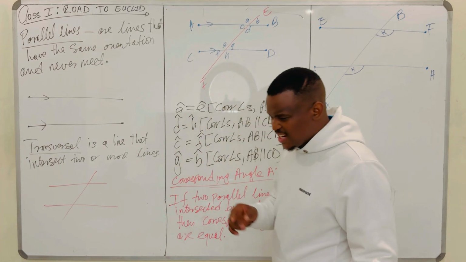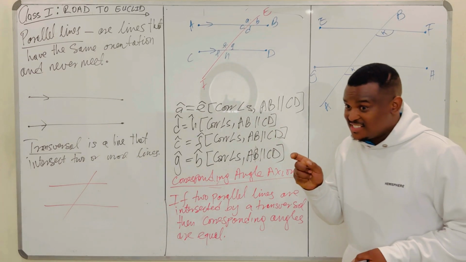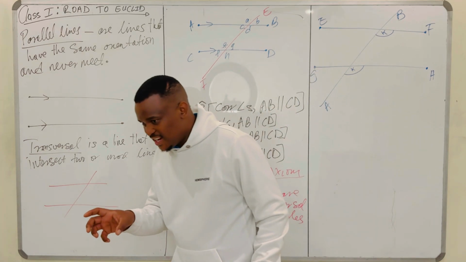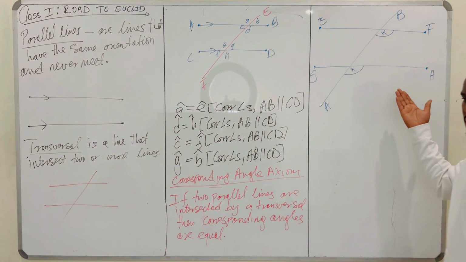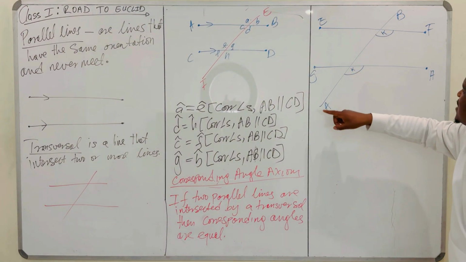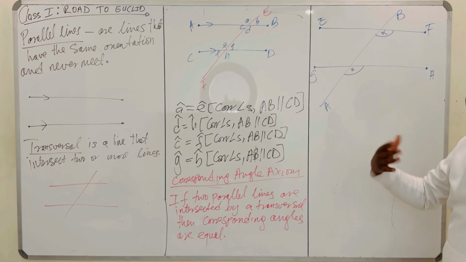I wanted to look at the statement after writing it. I'm saying if two lines are intersected by the transversal such that the corresponding angles are equal. Look, it's what I've drawn. You have two lines intersected by the transversal, corresponding angles are equal. So it's what you are given.